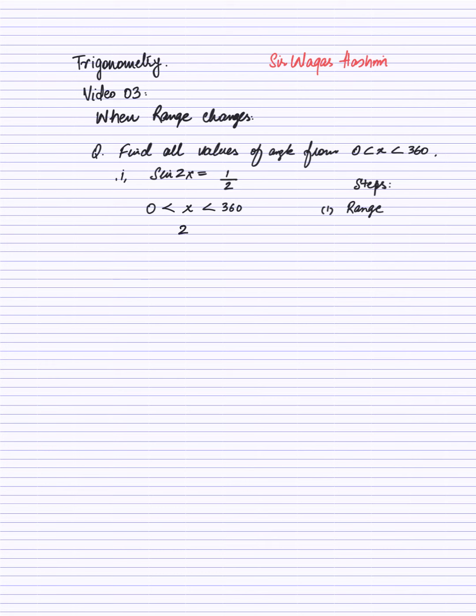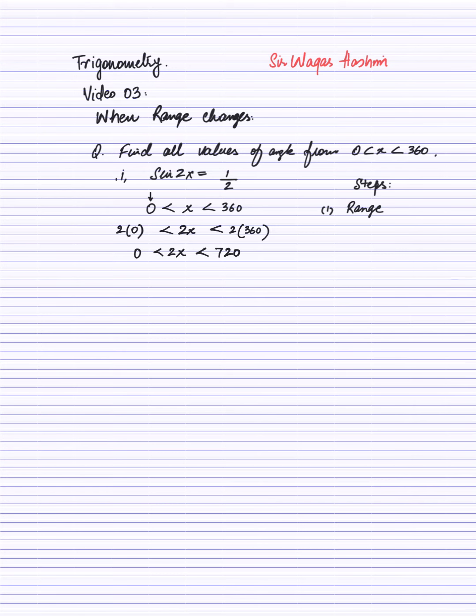So what do you need to do? You need to multiply 2 with the 0 because 0 is the lower value, and you need to multiply 2 with 360 because 360 is your highest value. Now the range that you are going to get is 0 till 720.